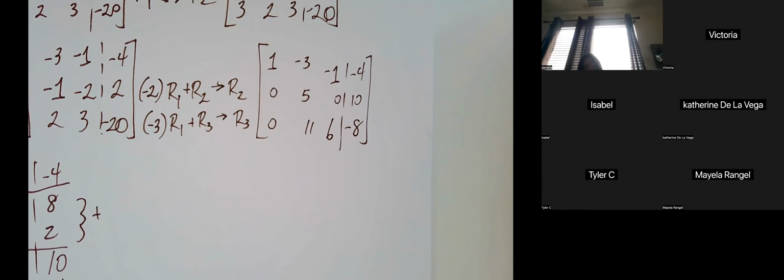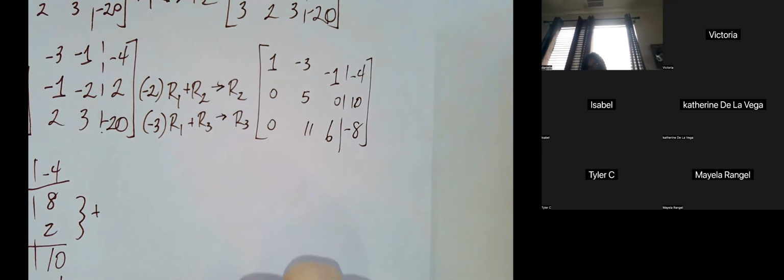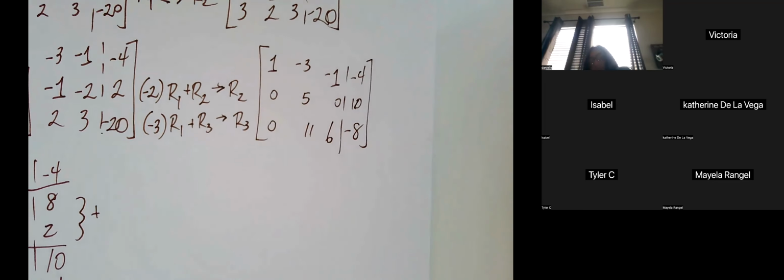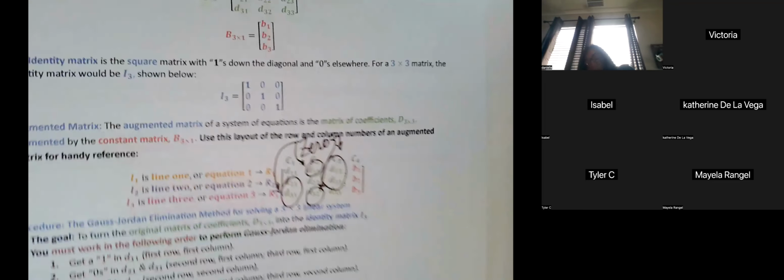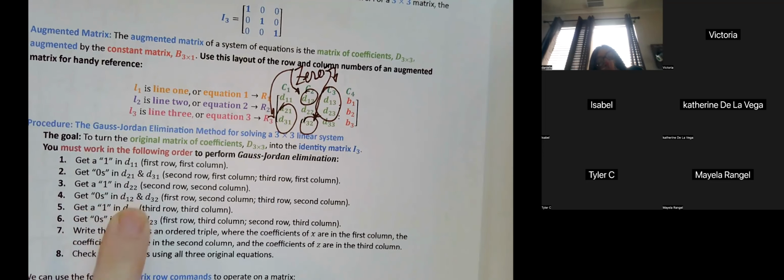Almost, but we have one thing we're going to do before that. We want to get D22 to be 1. So we always start with a 1 in the next column and then zeros, and then a 1 in the next column and zeros.